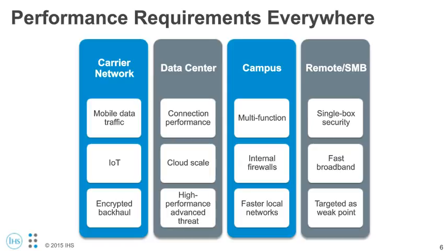And the need to not just deploy basic security controls in the network, but to look at high performance advanced threat prevention all the way up at those multi-gigabit, hundreds of gigabits, and even approaching a terabit level for security. But then even on the campus, core campus firewalls are being asked to perform at multi-gigabit speeds and to do more than just stateful inspection and packet filtering, to provide a lot of security functions at once.